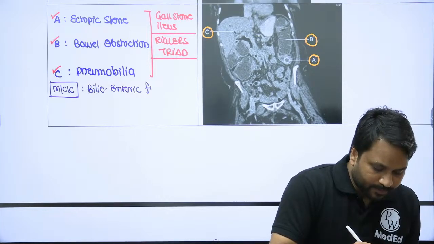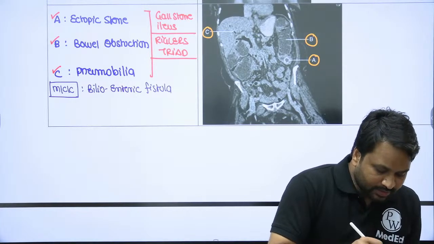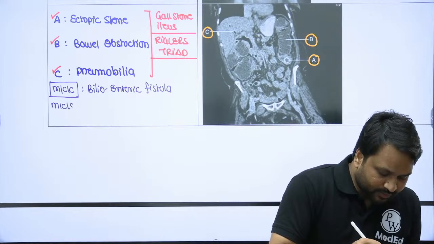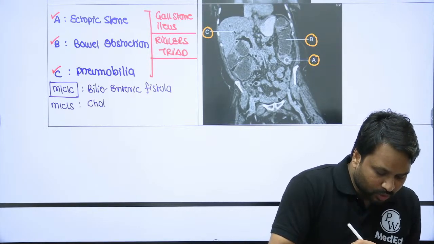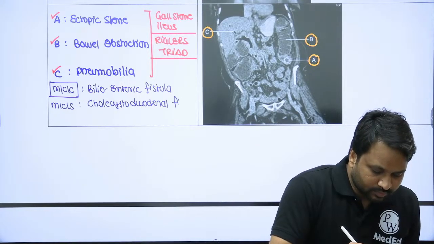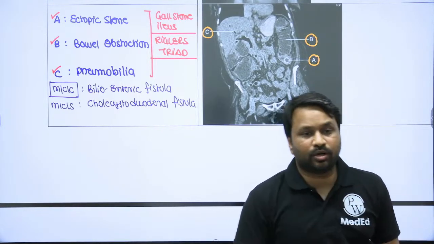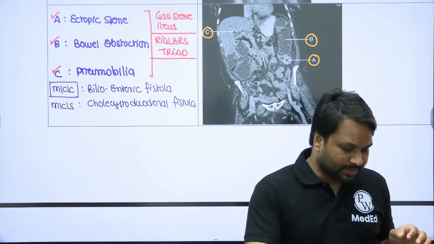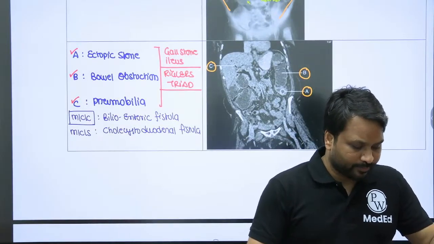If I ask what is the most common site for this fistula, it is the cholecystoduodenal. That's about your gallstone ileus, right?